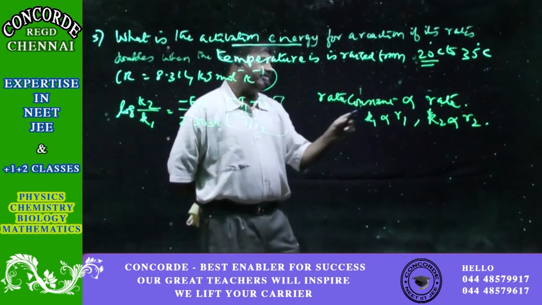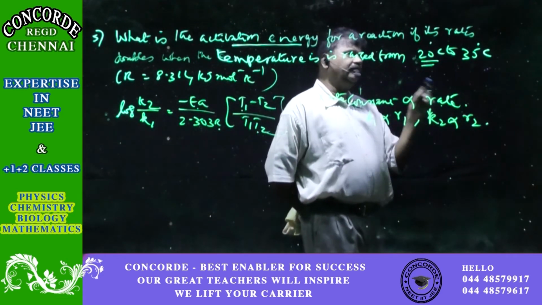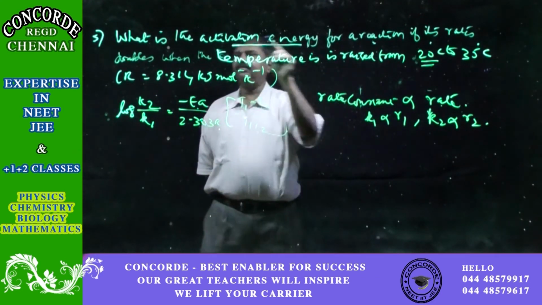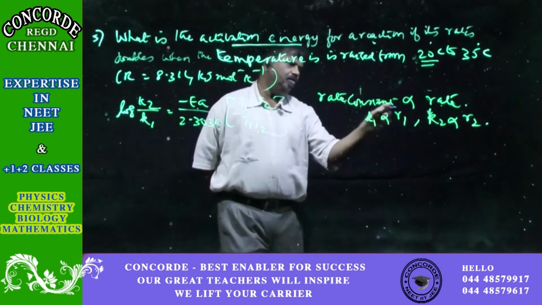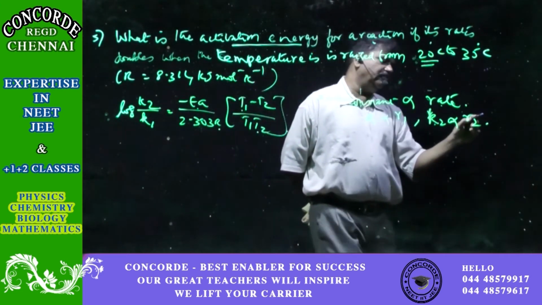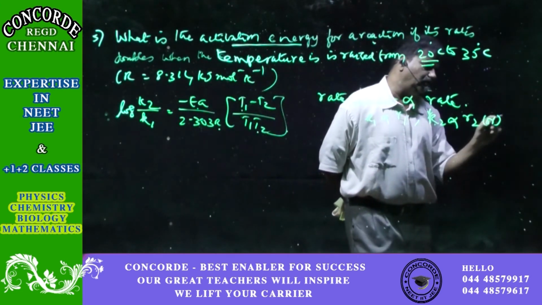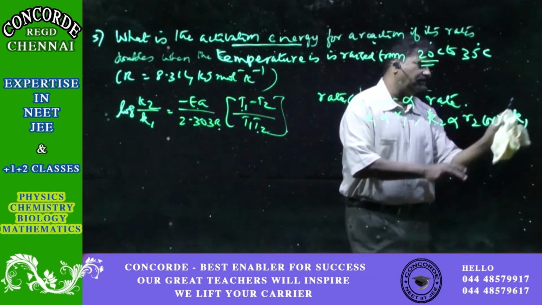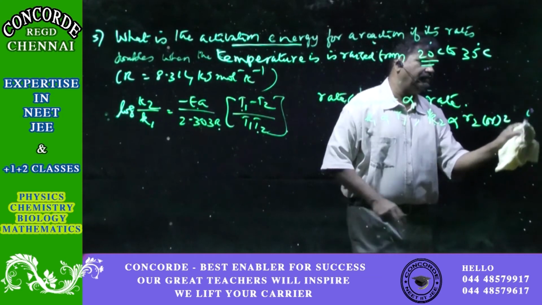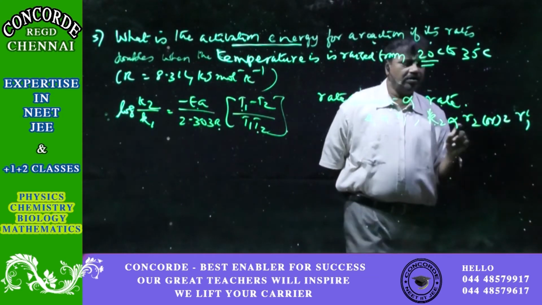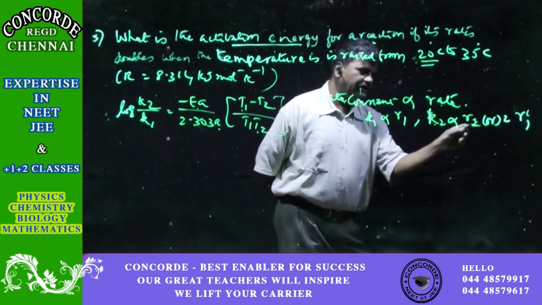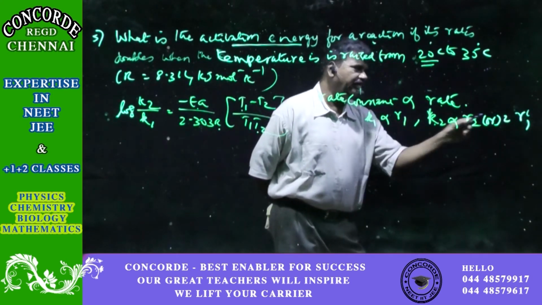But we know R2 is equal to 2 times R1, because the rate of the reaction doubles. So K2 is 2 times K1, since R2 is 2 times R1.